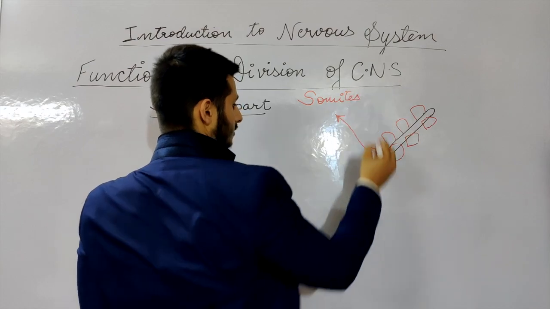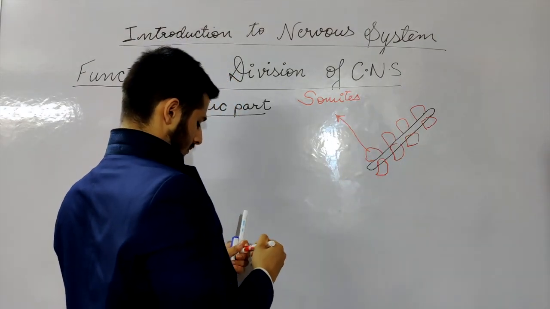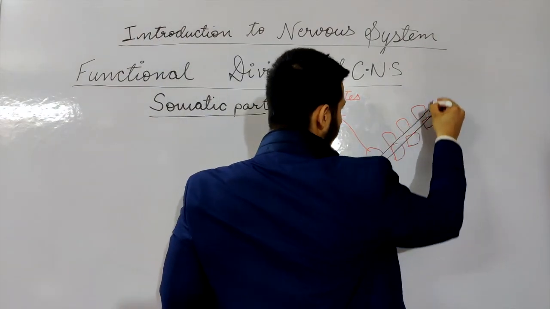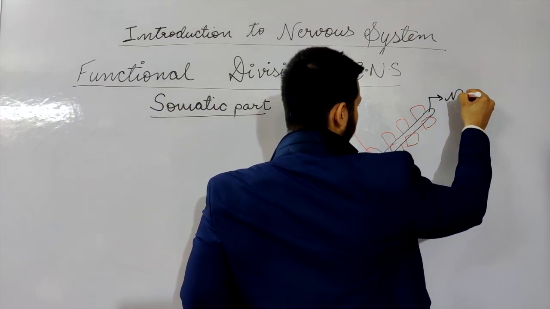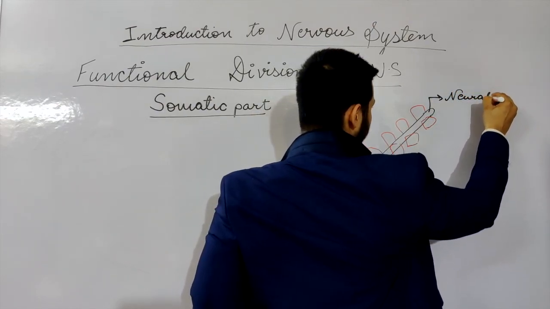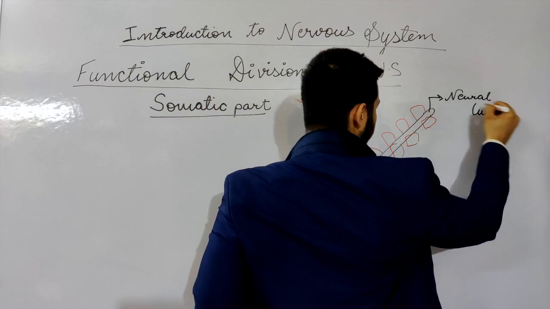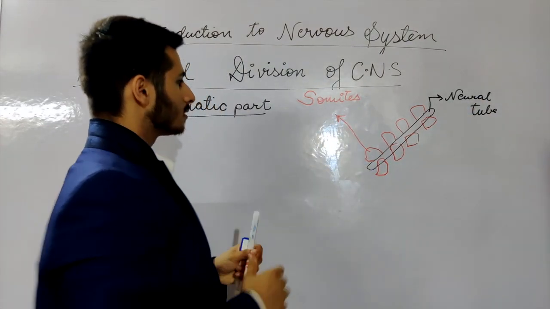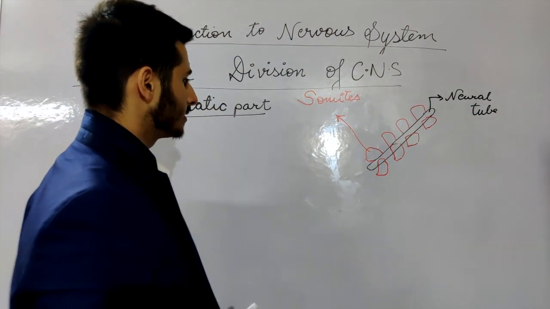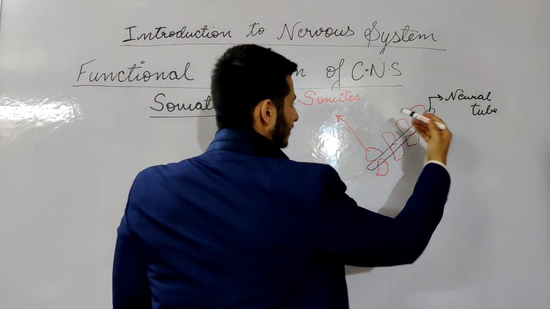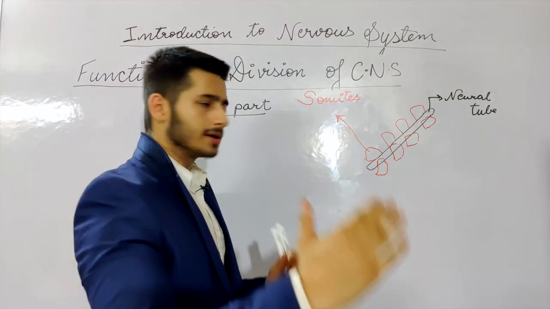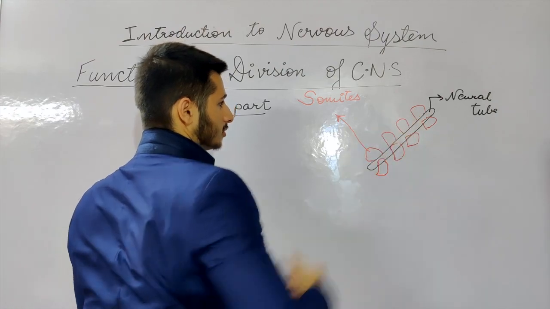This is the neural tube. These somites are arranged in segments. They're segmentally arranged alongside the neural tube.